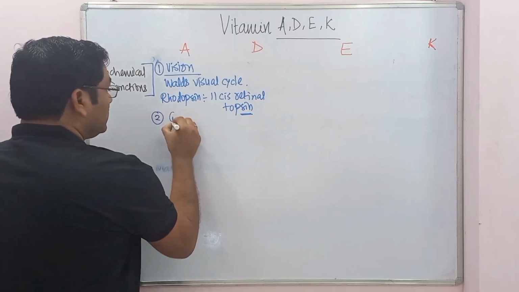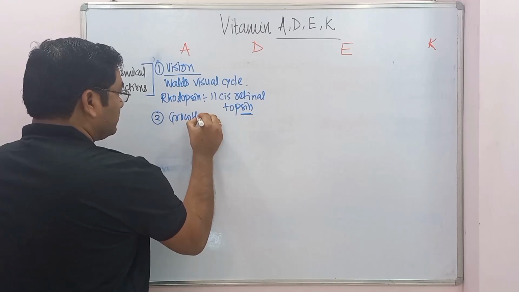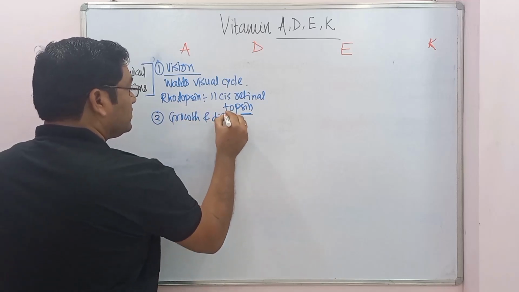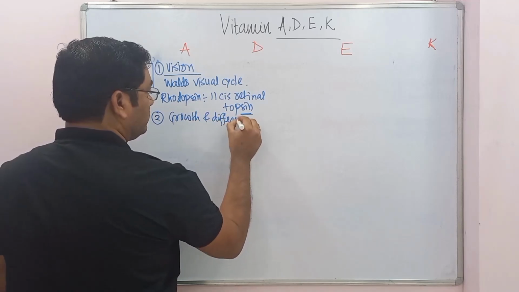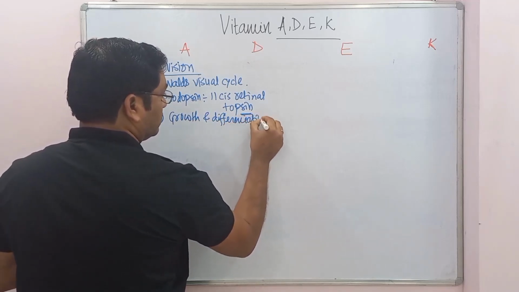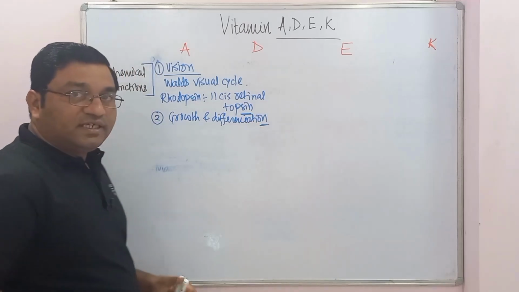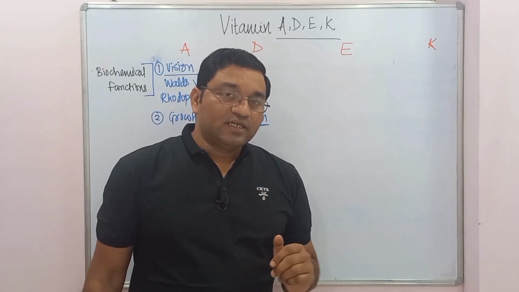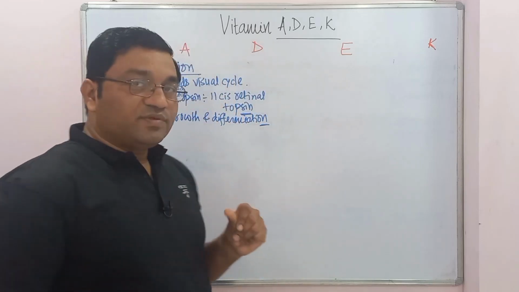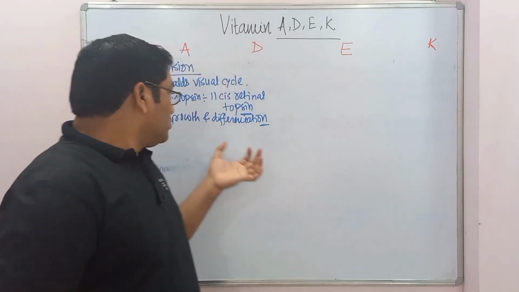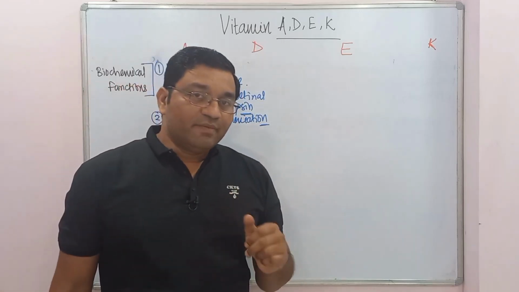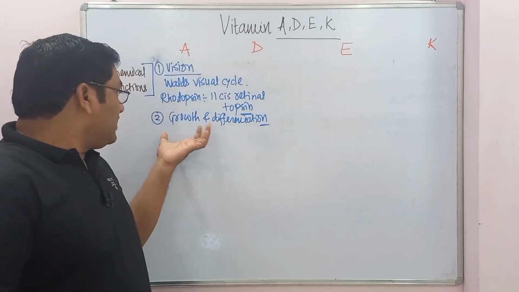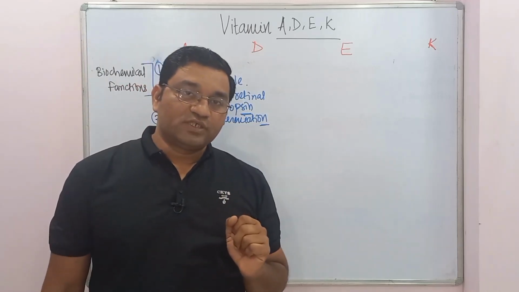Second, it is important in growth and differentiation of the cell. Retinoic acid acts on the intranuclear receptors and is important for the transcription and translation process. It binds with particular elements in the DNA and is important in the growth and differentiation of the cell.